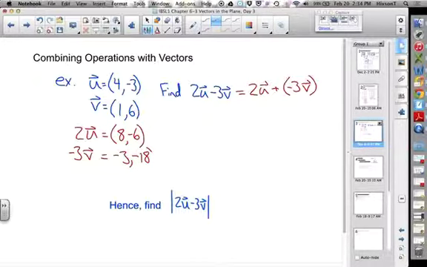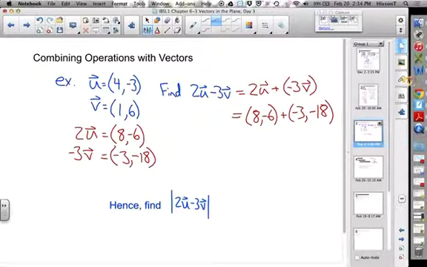There we go. So now I can add those together. 8, negative 6, plus negative 3, negative 18, and that's going to give me the result, 5, negative 24.